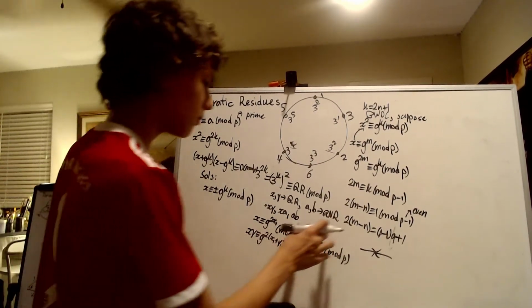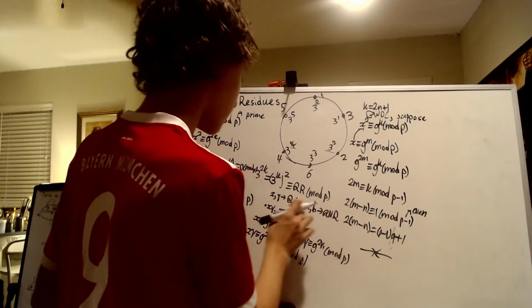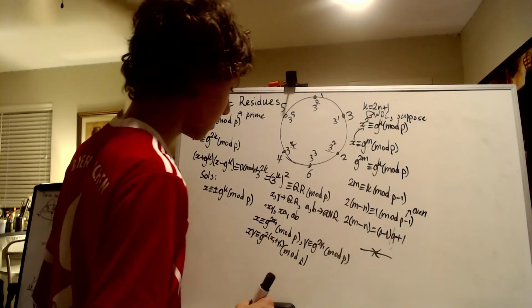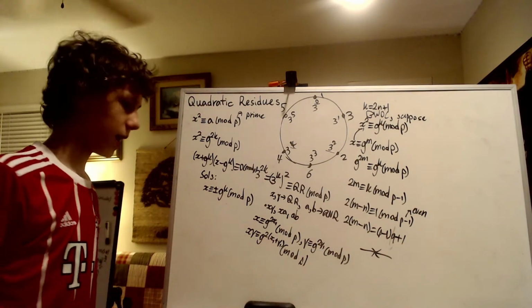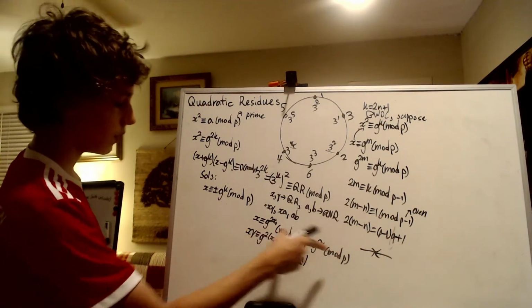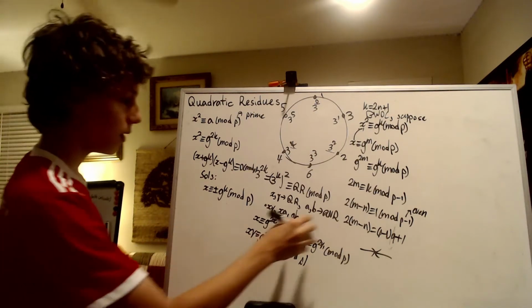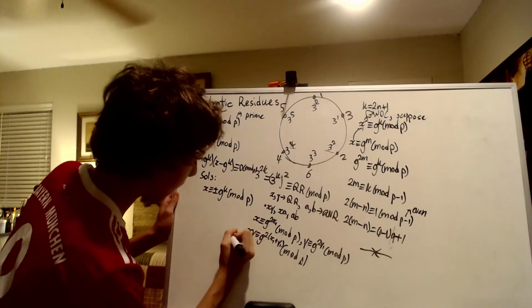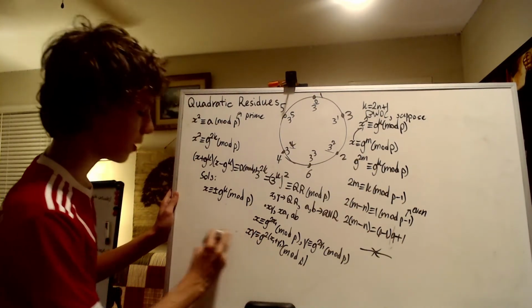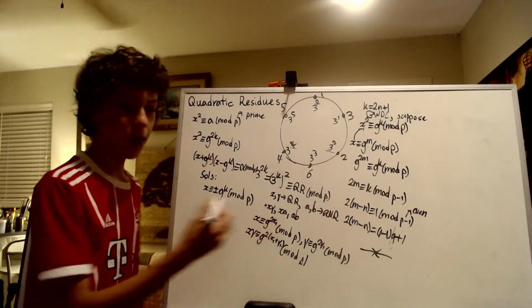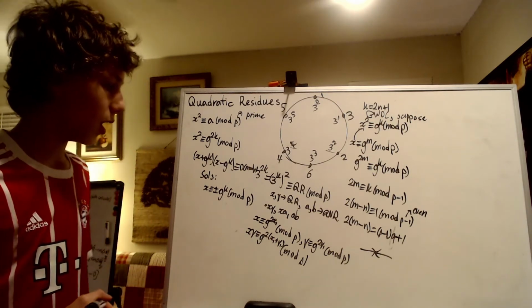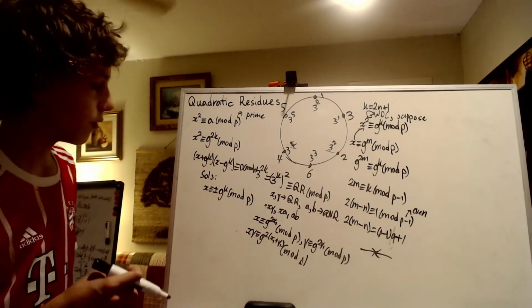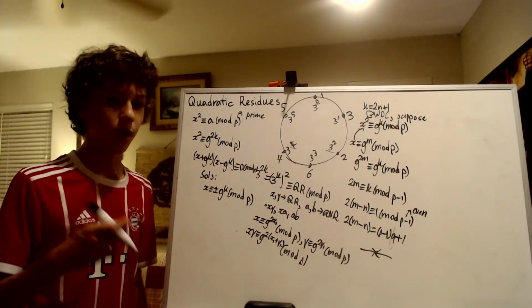Okay, well, now let's look at x times a. I'm going to go a bit quicker with this one, and you can fill in the gaps by writing it down like I did with the first example. Since a is a quadratic non-residue, the power of a is going to be odd. And the power of x, well, it's even. So if we add the two powers, we're still going to get an odd number.